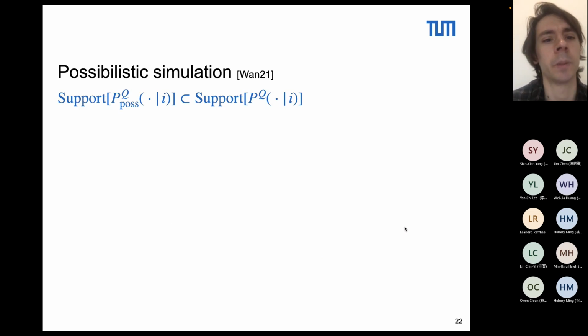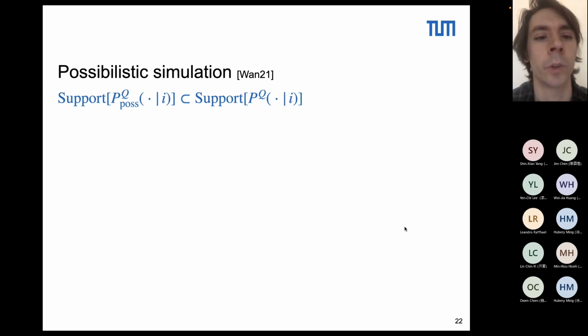And the idea of possibilistic simulation is that we're just going to look at the support of the probability distribution, and we're going to accept the simulation as long as it outputs something that has a non-zero probability of happening. So even if it has a very low probability of happening, when you make a measurement, as long as the probability is not zero, we're going to accept it.